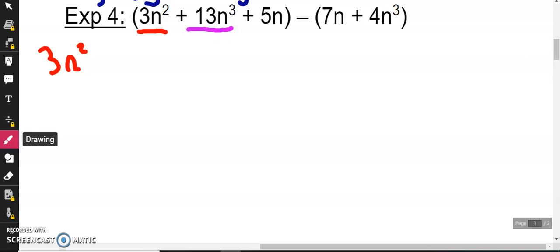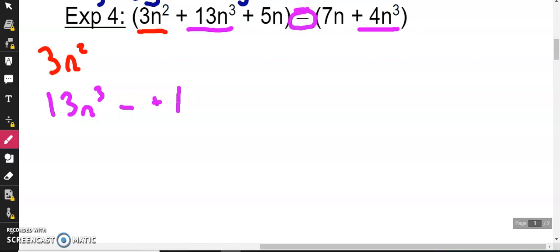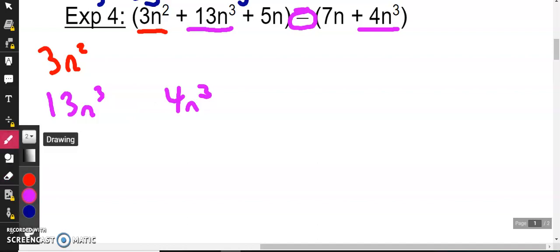The next thing that I see is this 13n cubed. And then I notice that there is a 4n cubed in the parentheses, or in the second set. So I'm going to subtract positive 4n cubed. Once again, we said if I see opposite signs, I just treat it as subtraction. So 13 minus 4 should give me 9n cubed.